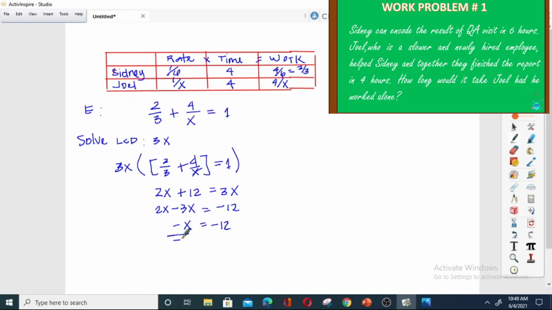Divide both sides by negative 1. The value of x is equal to 12. The answer is 12 hours for Joel to finish the job alone.